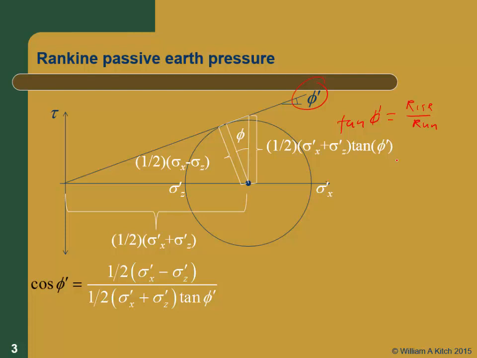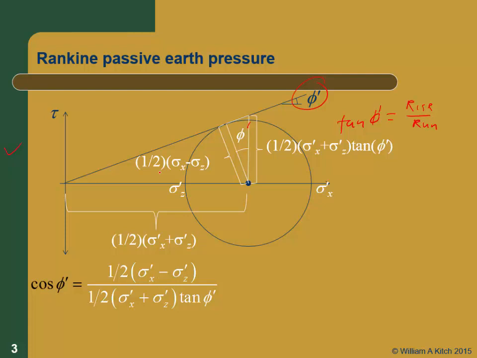Okay, so notice that this interior angle here is the same as phi. That should say phi prime. And then cosine of phi prime is just, I'm sorry, the radius, the short side divided by the long side of this triangle.